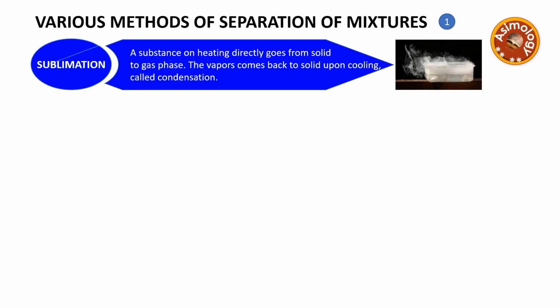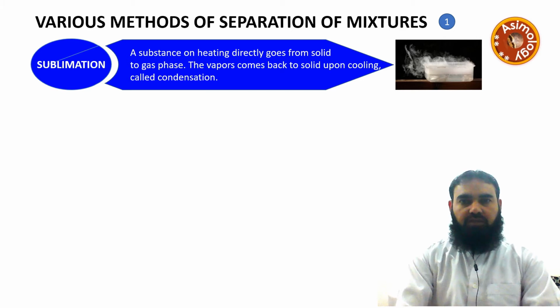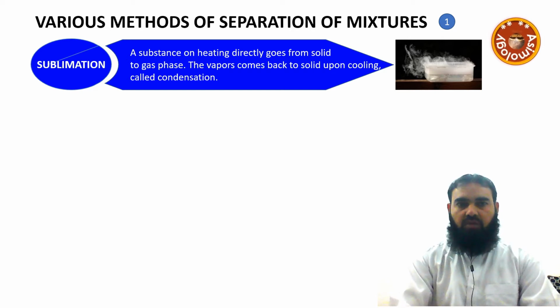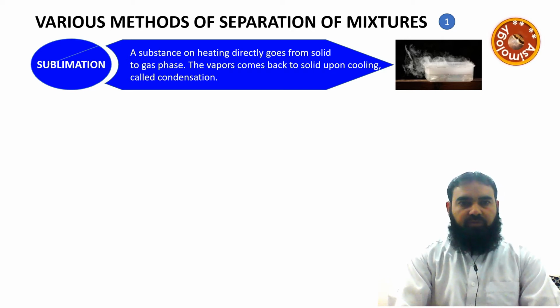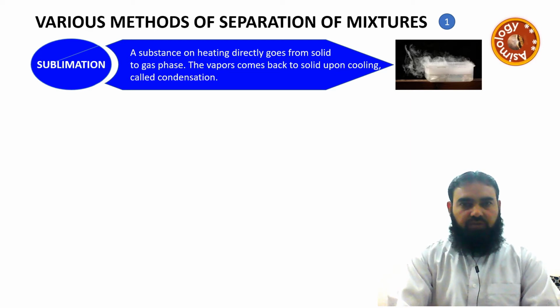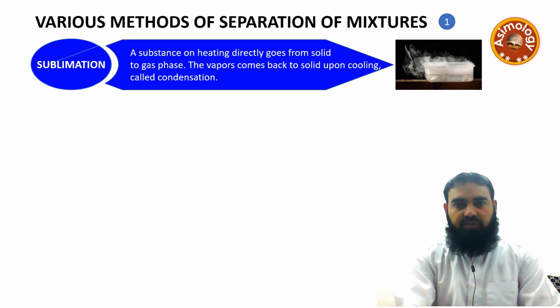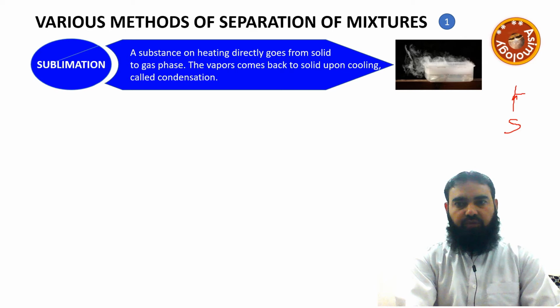Here is a list of various methods that can be used for separation of mixtures in gaseous, liquid, or solid state. Sublimation is a process in which a solid goes directly to the gaseous phase upon heating. Normally, when we heat up a solid, it goes to liquid state.